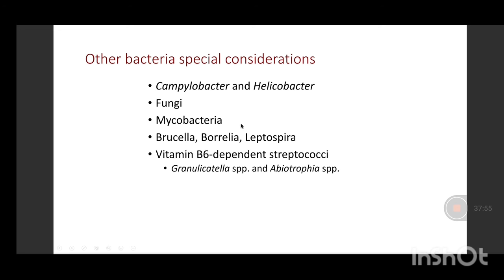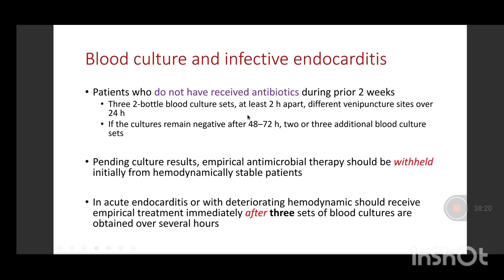So, patients who have not received antibiotic during the prior 2 weeks, 3 to blood culture is total of.